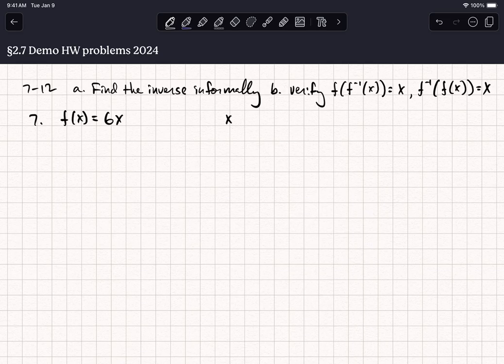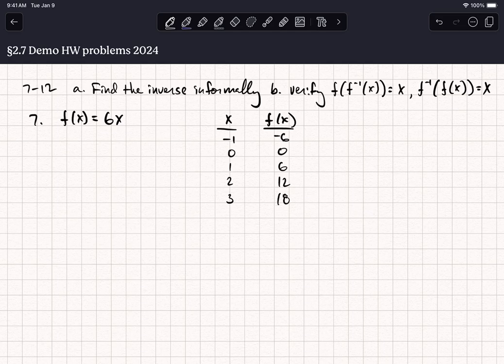So I'm going to write a table with x and f of x, and I'm just going to pick some sample numbers. And f of x is minus 6, 0, 6, 12, 18.